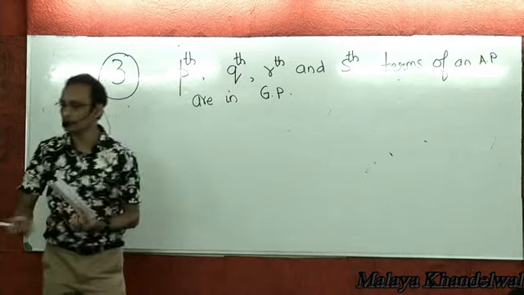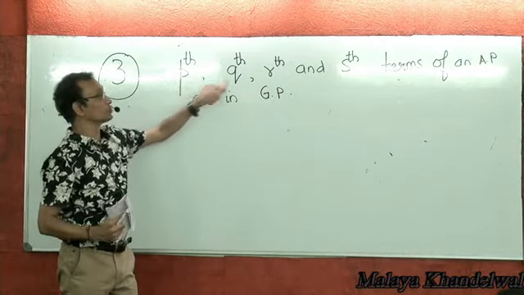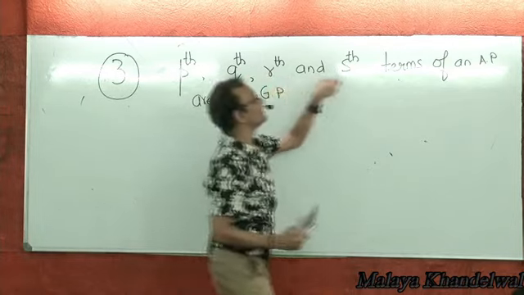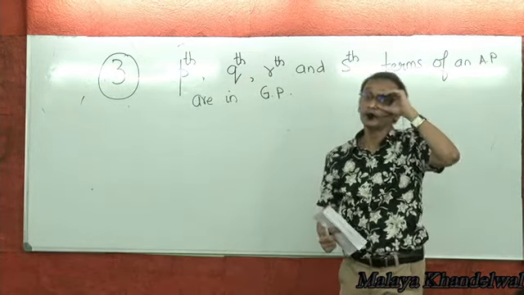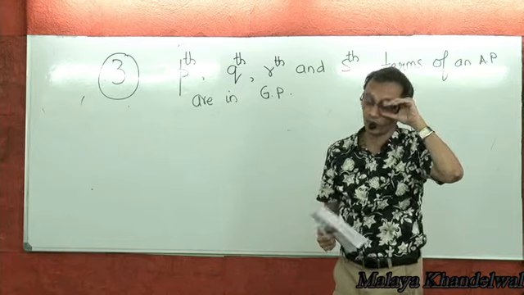It says there is an AP and the pth term of the AP, the qth term of the AP, the rth term of the AP and the sth term of the AP, they are in GP. That's what the problem says.